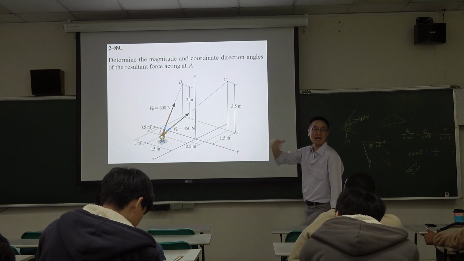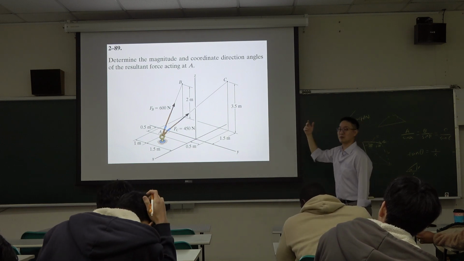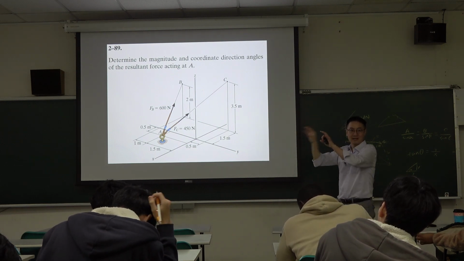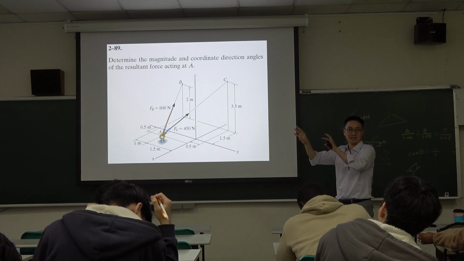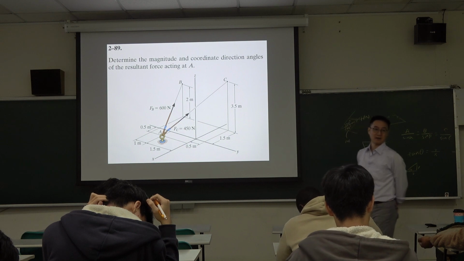So we can have a unit vector, then we use each component of the unit vector, which is cosine alpha, cosine beta, and cosine gamma. We can work out the direction angle.